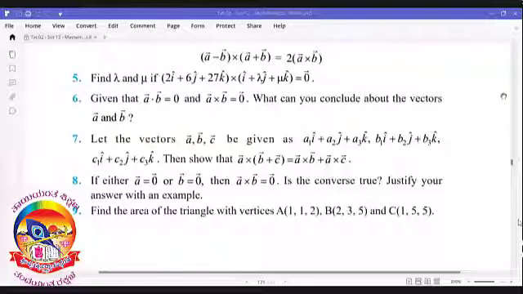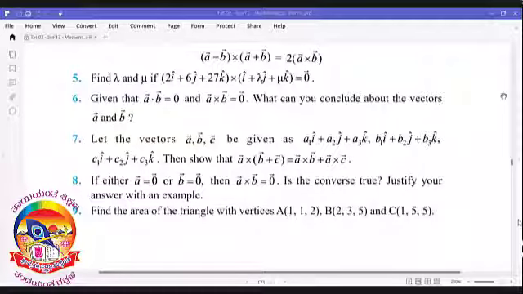He has given you A bar dot B bar is equal to 0. What does it mean? A bar is perpendicular to B bar. And A bar cross B bar is equal to null vector. What does it mean? A bar is parallel to B bar.